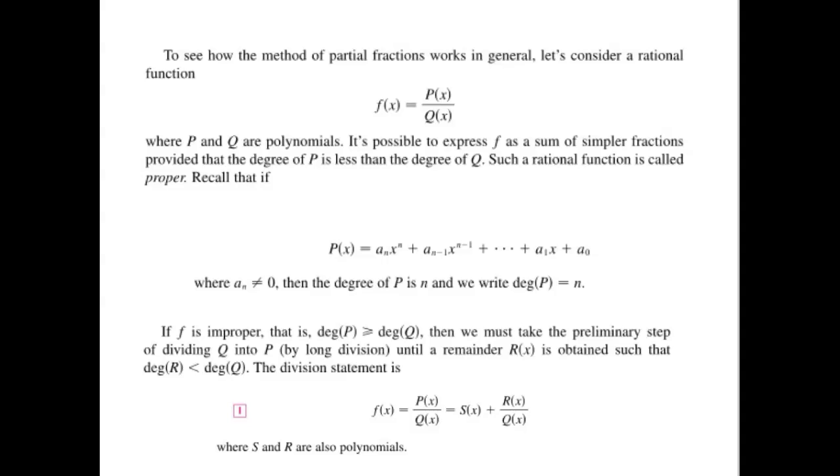So, a lot of information on this page. I'll give you some that I think you should write down. So I already told you that a rational expression is a function of the form p over q, where p is polynomial and q is polynomial.